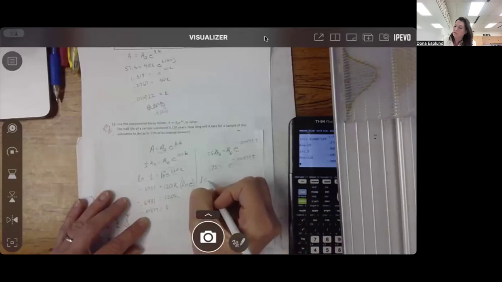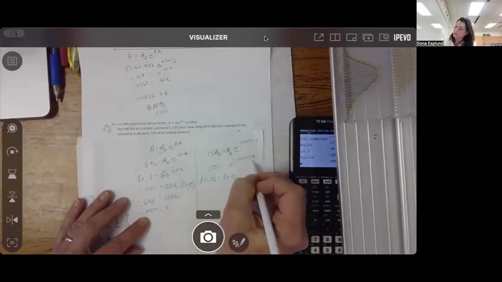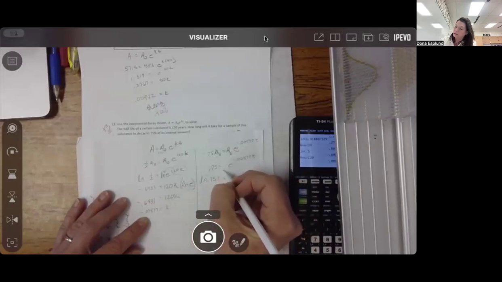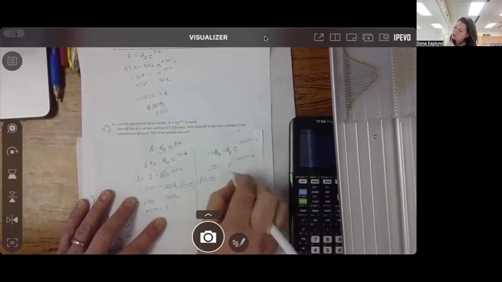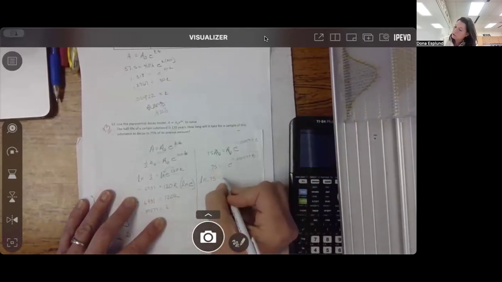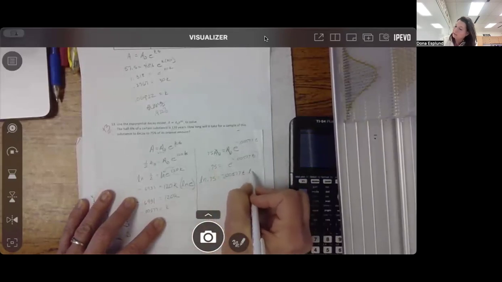So I'll have the ln of 0.75 is equal to the ln of e to the power of negative 0.00577t, and that amount moves out in front, so I have negative 0.00577t times the ln of e.